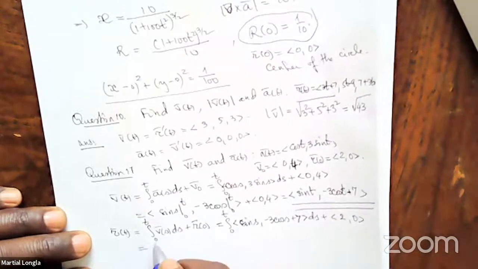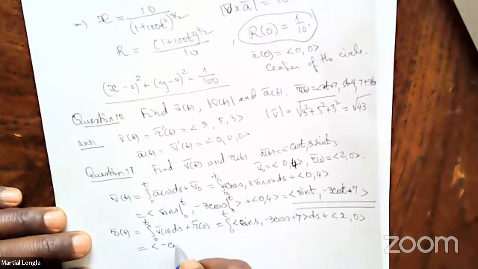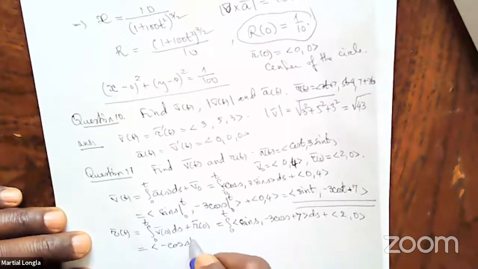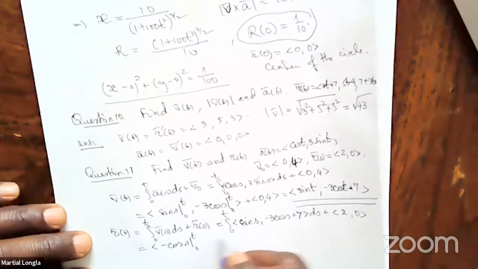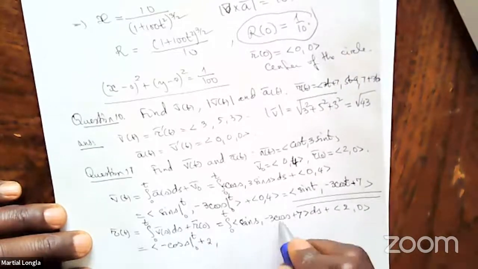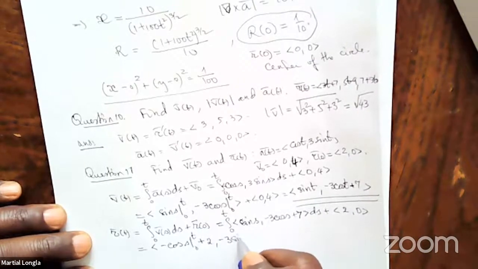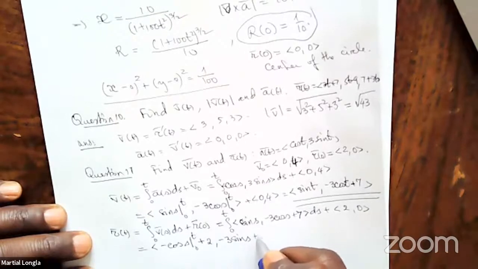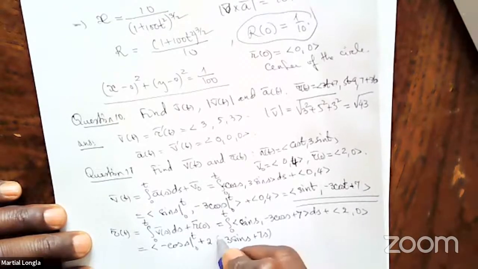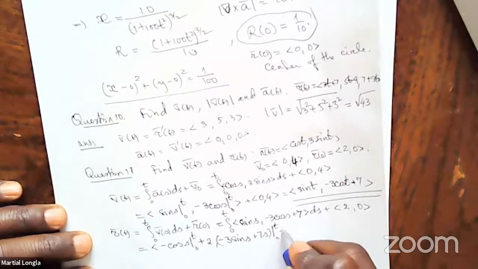Now that integral gives you integral of sine, that's negative cosine s, 0 to t, plus 2. And then integral of negative 3 cosine is negative 3 sine s, plus 7s, 0 to t, plus 0.